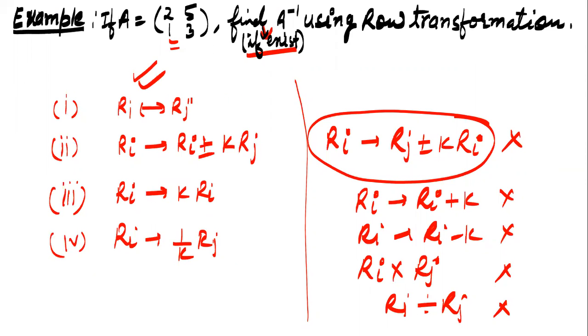We can apply this. These are known as the steps of transformation. Means only these operations can be done. These cannot be done.